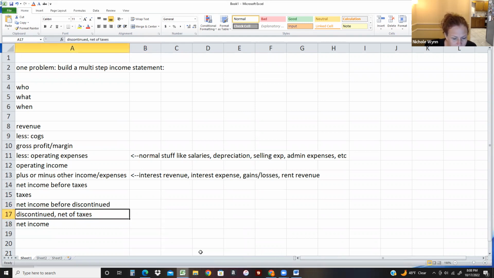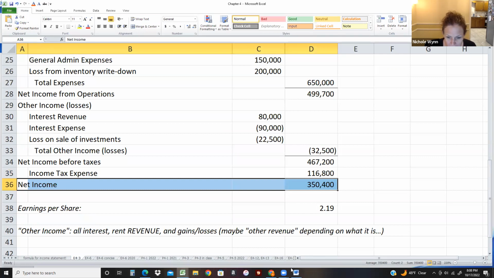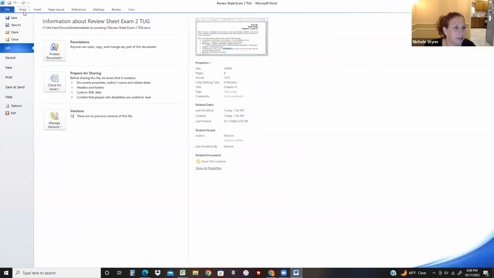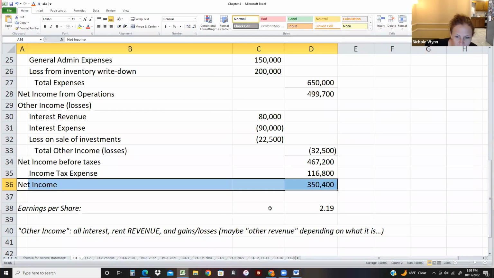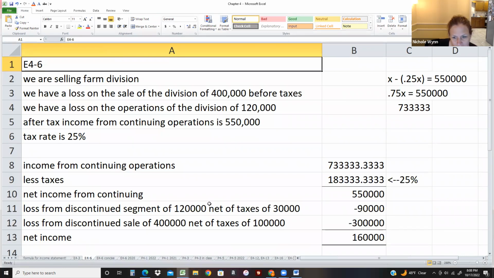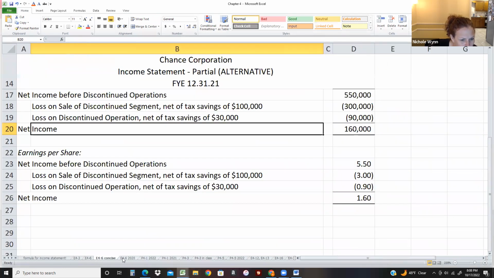Let's see. So for this problem, E43 multi-step is what I said to practice for this. Similar to homework and problem attached, and specifically look at E43. I think that'll be the one that will help us the most. And so what else could we look at? That one's a little bit weird.